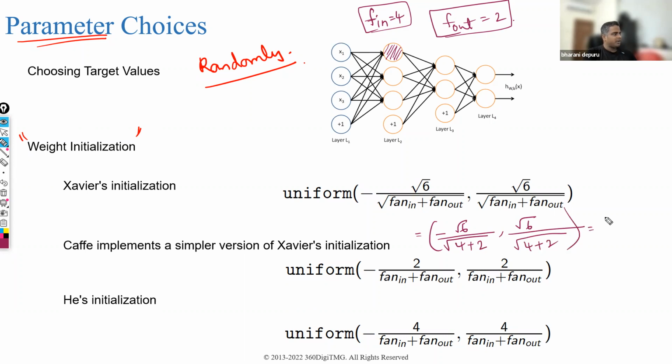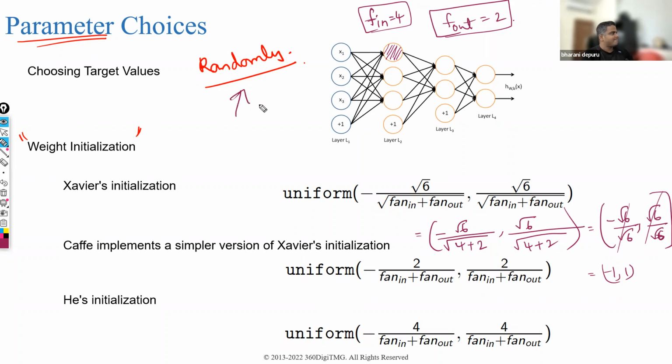So this would be written as minus square root of 6 by square root of 6, comma, square root of 6 by square root of 6. So minus 1 comma 1. All the weights will be randomly initialized from this range.